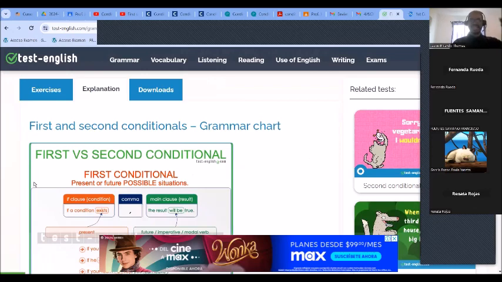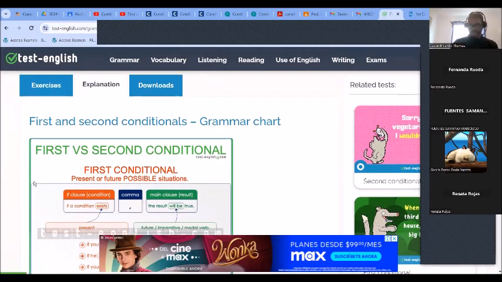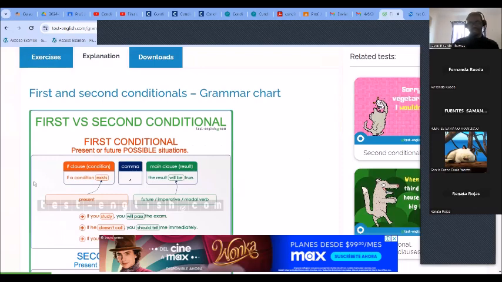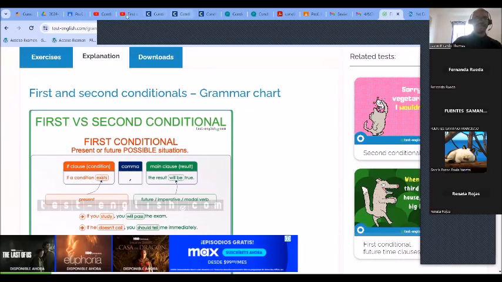It exists now. And the result will be true in the future, or can be true, or may be true in the future. All right. These results are results of a present situation with their future possibilities. All right, let's go to Francisco.